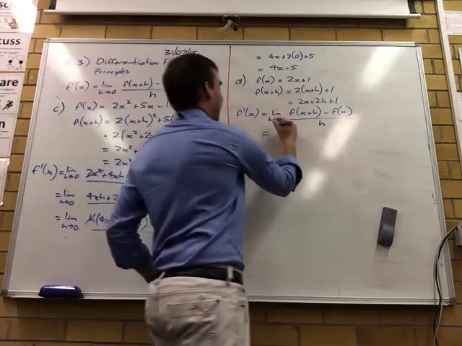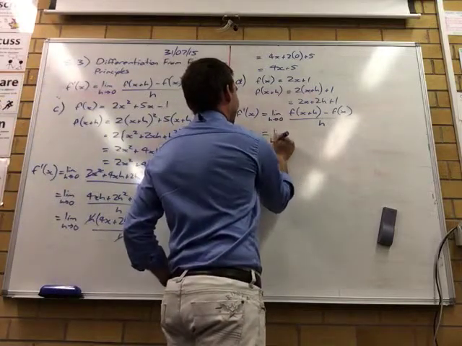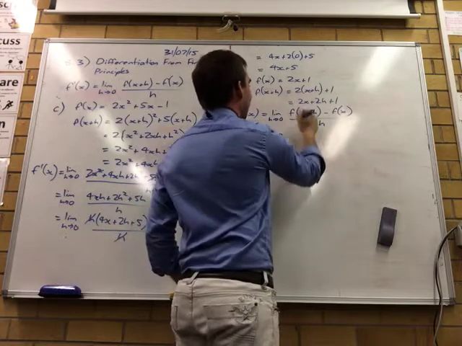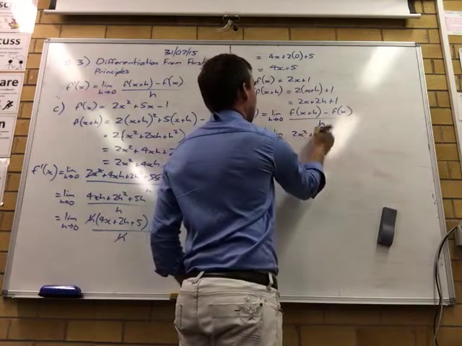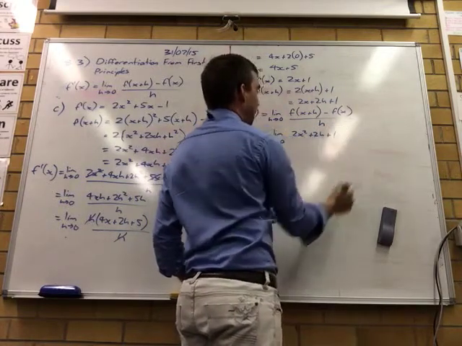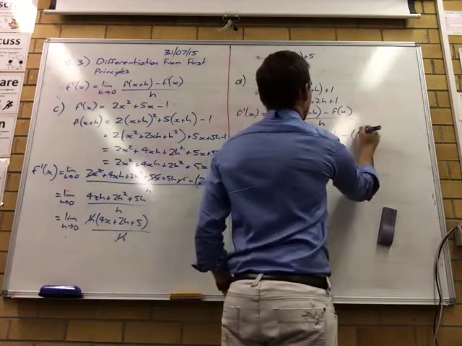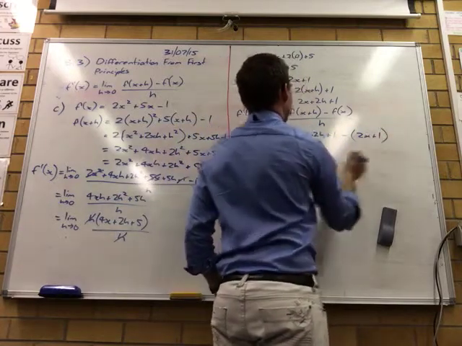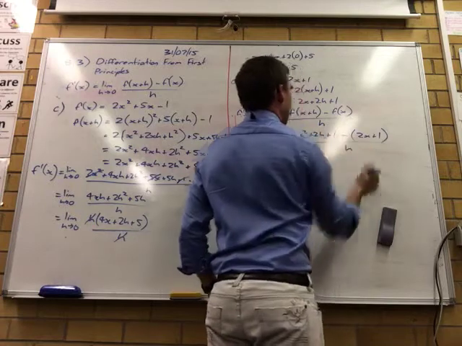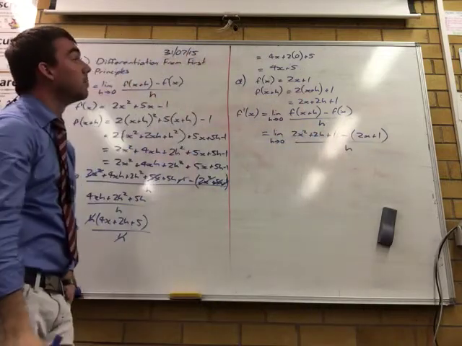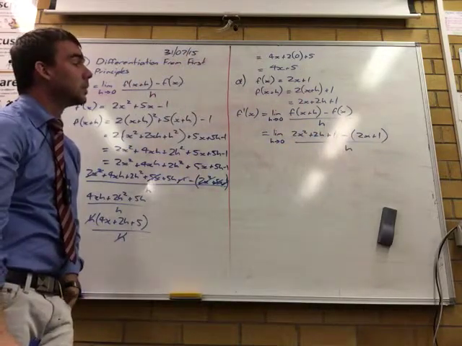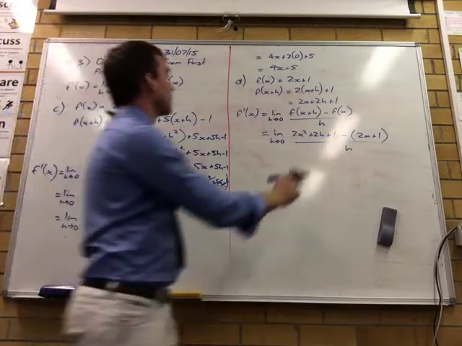Alright. Limit of 2 times x plus h, plus 1, take away 2x plus 1, all over h. Where's the square come from?